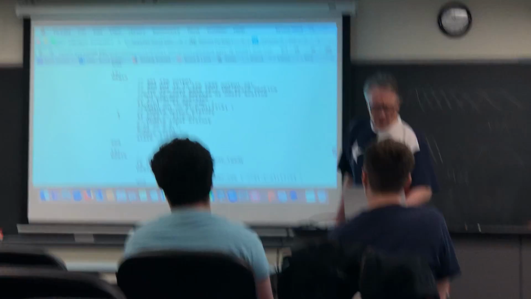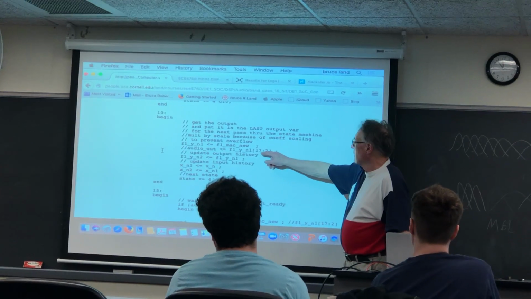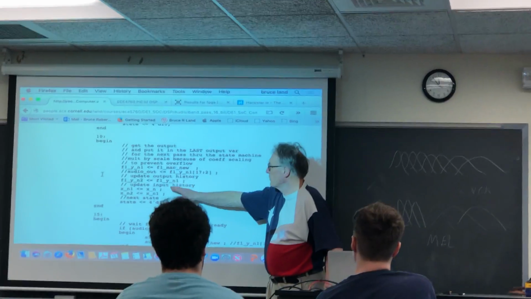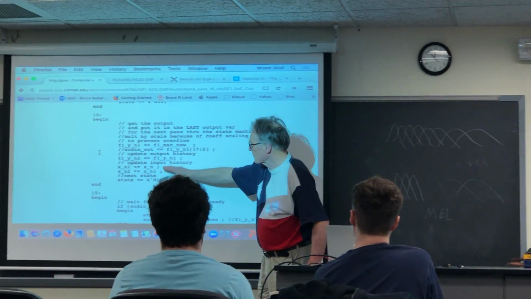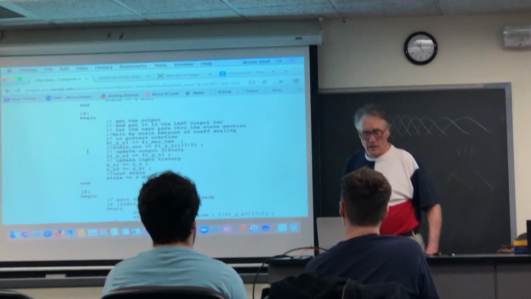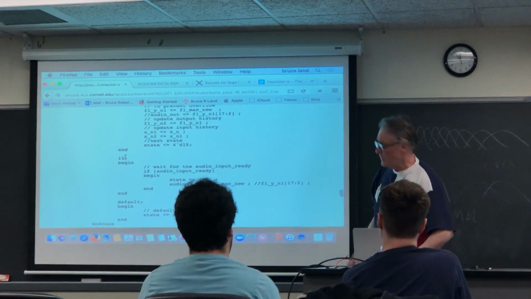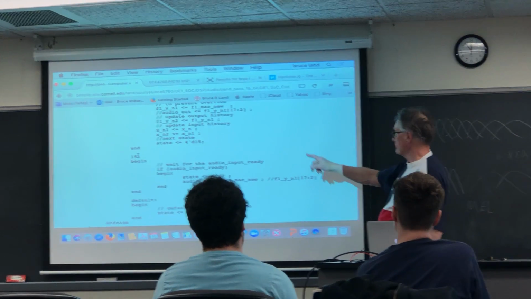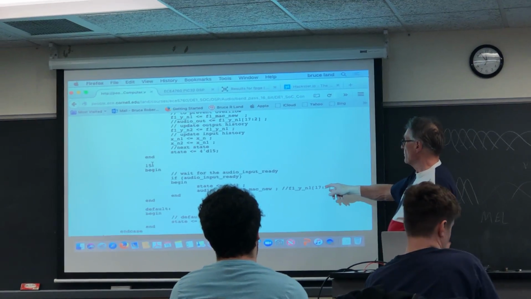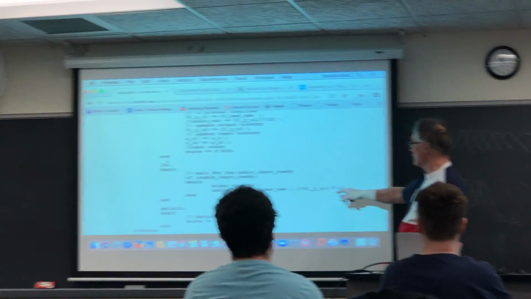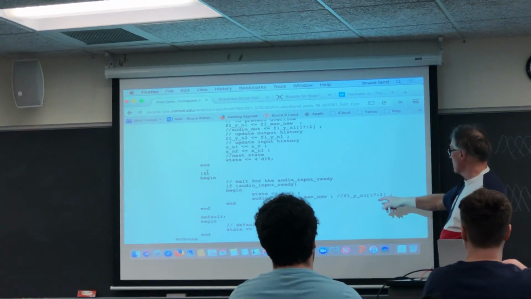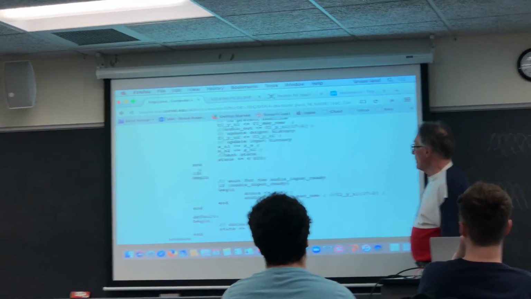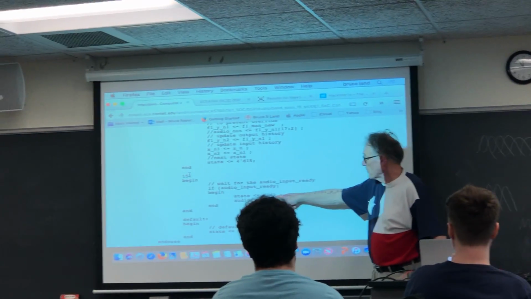Then when you get all done at the end, you have to renormalize this for audio output, do the state machine update for the various internal variables, and tell the system, then wait here until there's new audio input.